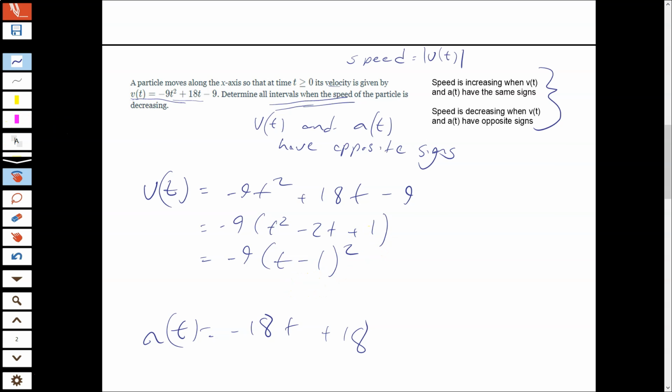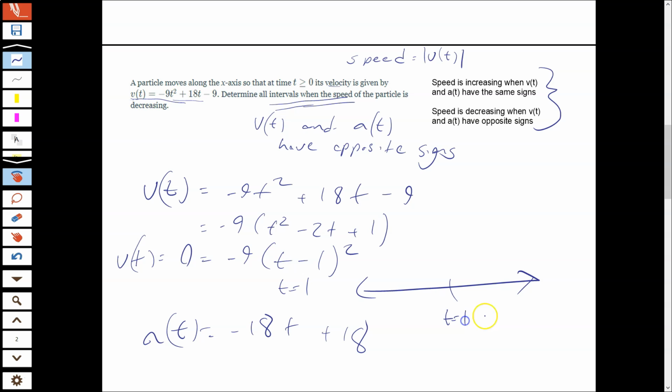So that's my factored form of v, and I'm setting that equal to 0. The solution is obviously t equals 1, and my sign chart would just have one t-intercept at t equals 1.